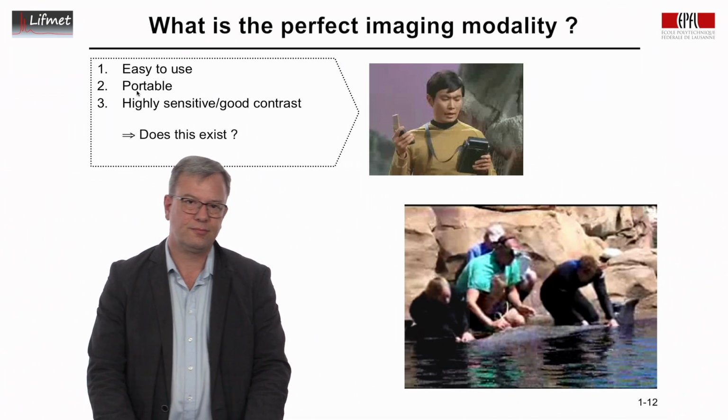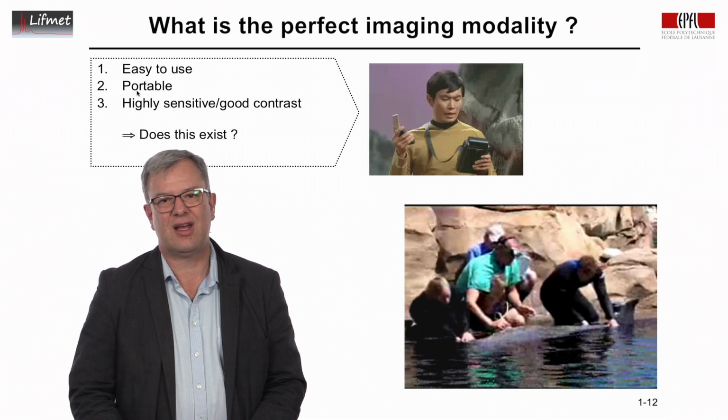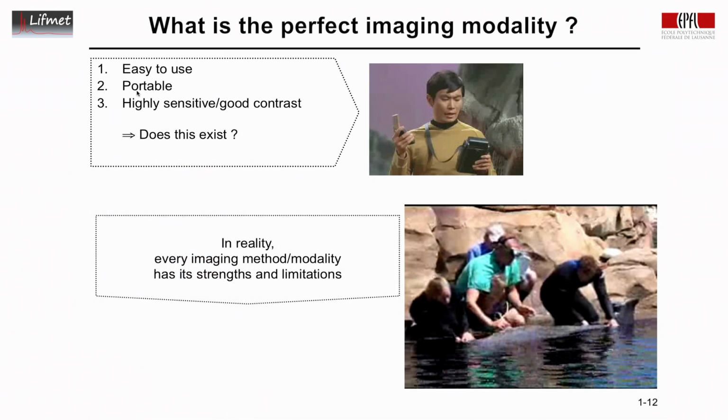However, what we have to consider is that in reality, each imaging method or modality has its strengths and limitations. We can't have it all. Either they are strong on one side, they're able to depict one certain tissue feature, one technique can do it better than the other, and vice versa.